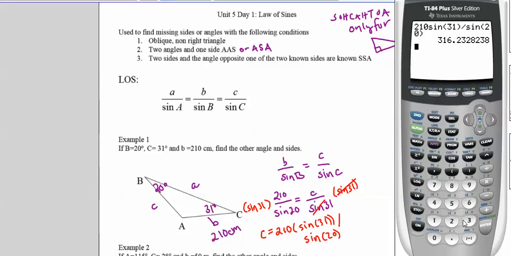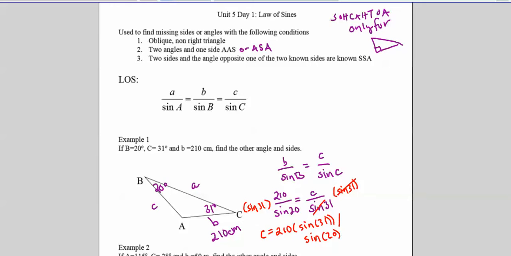So I get that side C is 316.23. For today we're going to round to the hundredth place for our final answers. So C equals 316.23, and don't forget your unit, in this case centimeters.